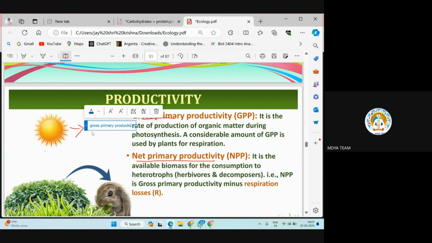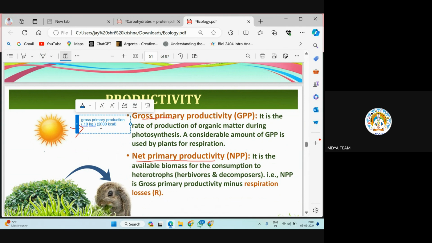For example, a plant in your garden produces around 10 kg of biomass, or in energy we can also write 2000 kilocalorie. Kilocalorie is the unit of energy. So the plant produces 10 kg of biomass or 2000 kilocalorie energy from sunlight. So it is gross primary production.